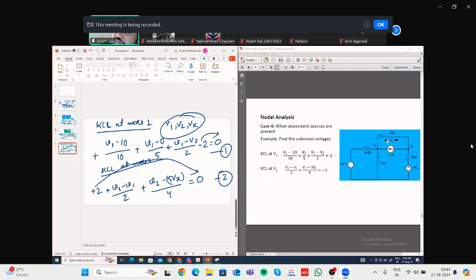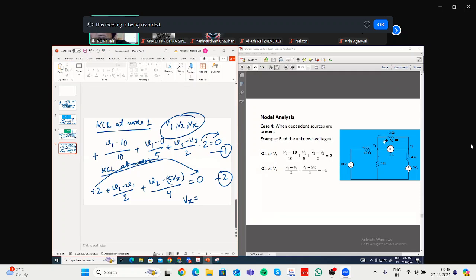If you see, what is Vx? Vx is the voltage across this 2 ohm, and a sign is also given to you. In which direction does Vx act? According to the sign, you can write Vx to be the difference between V1 and V2.